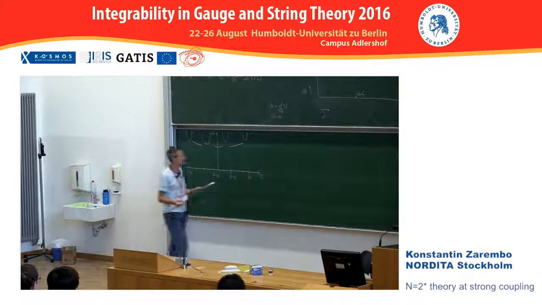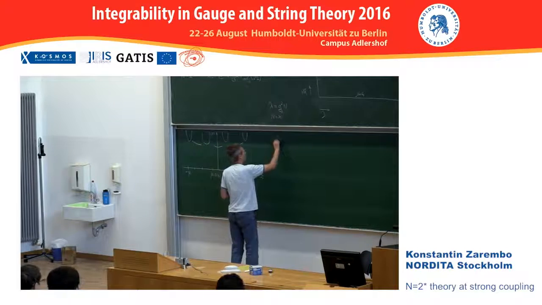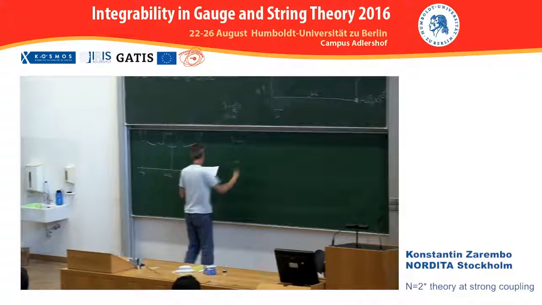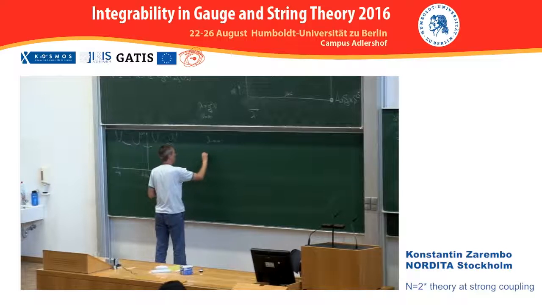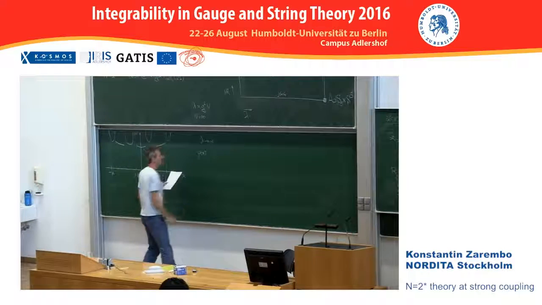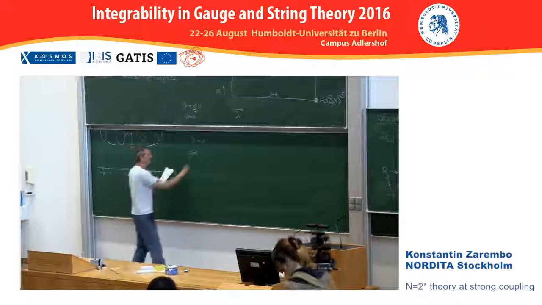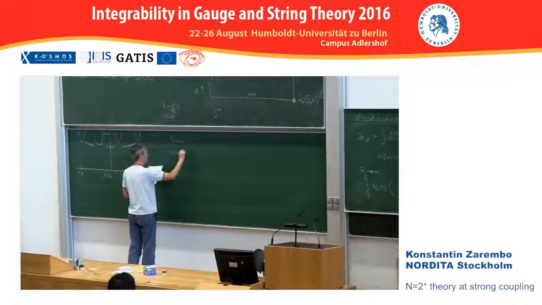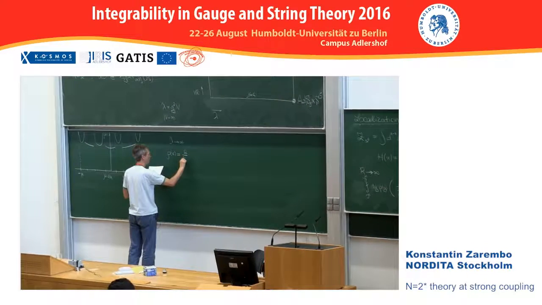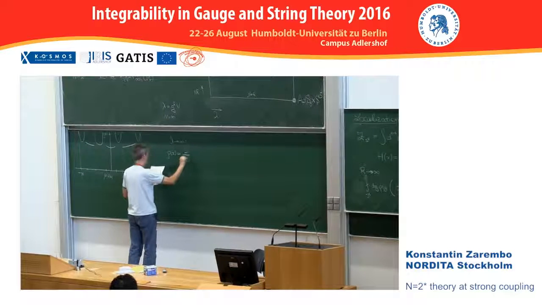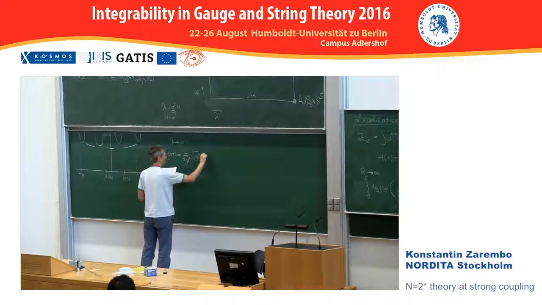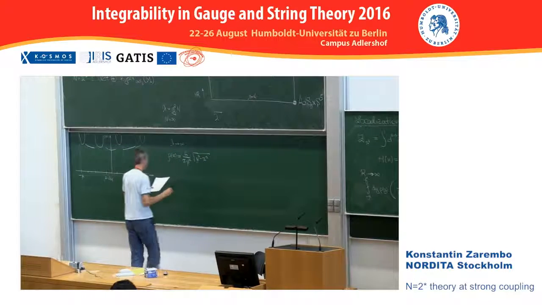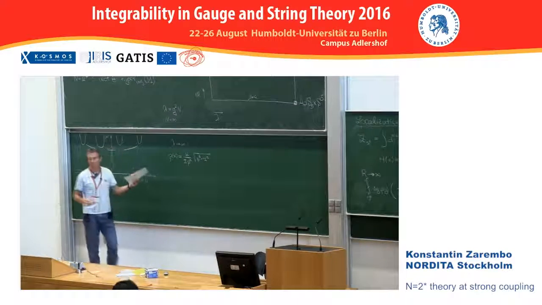This is the most interesting regime where the coupling becomes strong. So what happens is that the density there drastically simplifies and becomes that of a Gaussian matrix model. So this is the Wigner distribution.